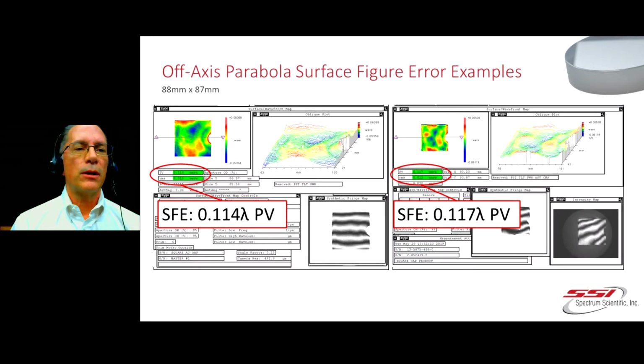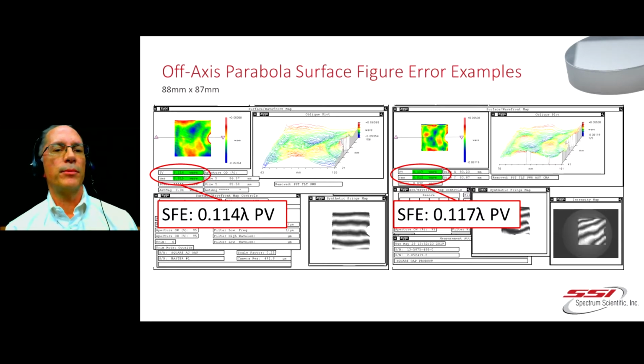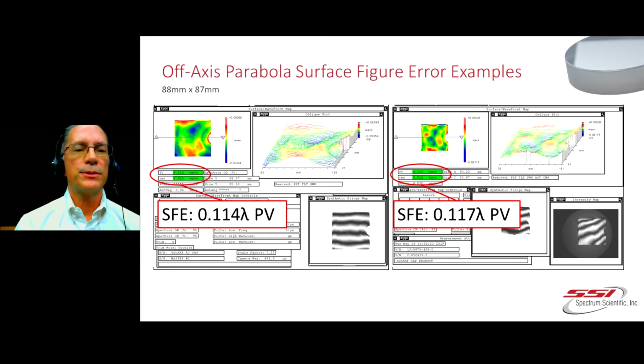Here's a bit larger off-axis parabola, nearly 90 by 90 millimeters. In this slide, the left-hand view is the master tool, and the right-hand view is the replica from it. As you can see, it's not perfect, but it actually holds the shape pretty well.